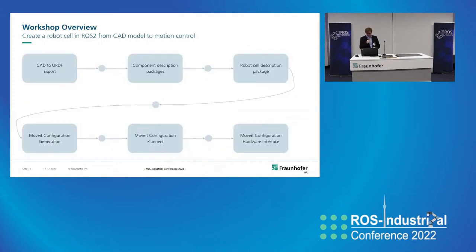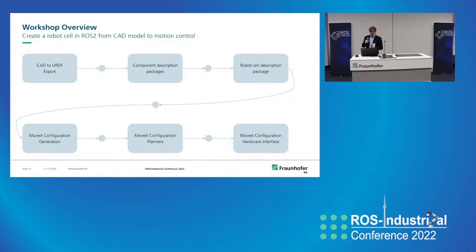And what are we going to show here? First, we're going to show how you actually export from the CAD program to URDF, specifically your cell, so you have the digital twin of your cell for your application available.